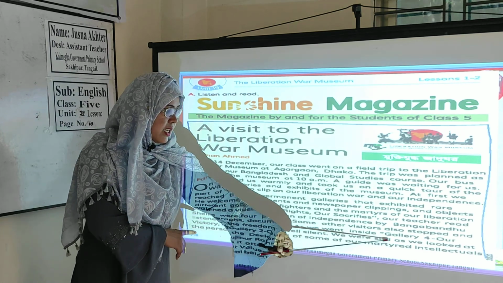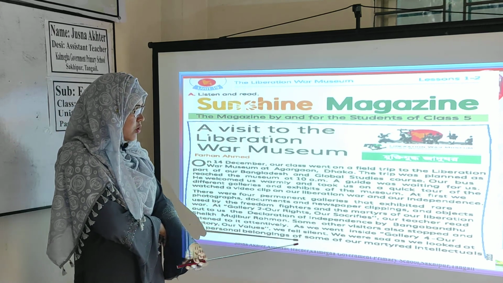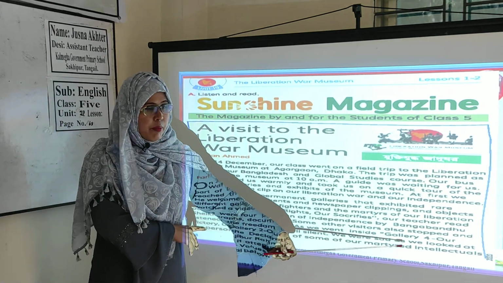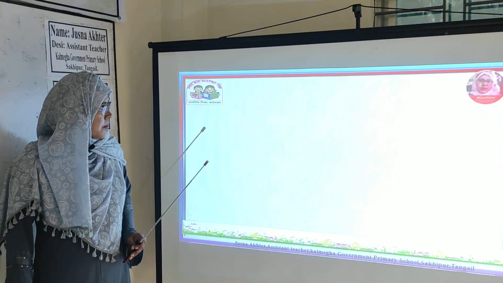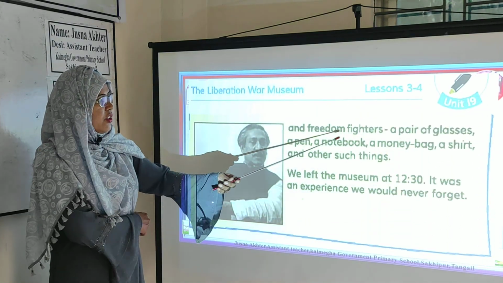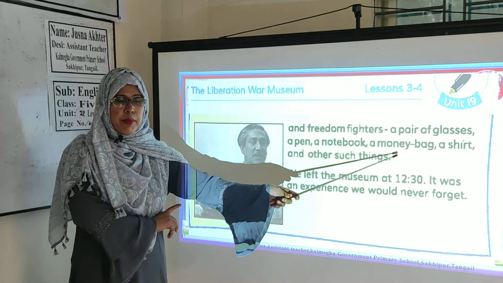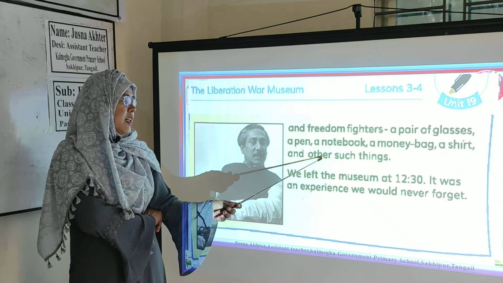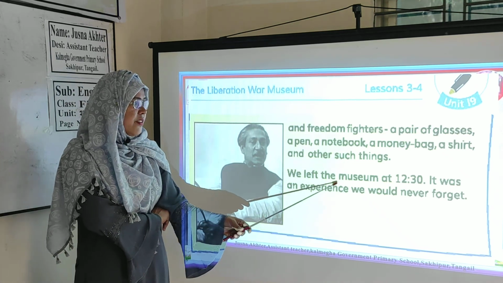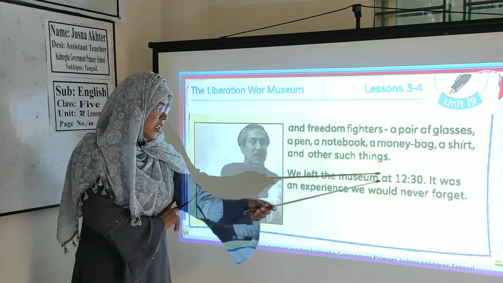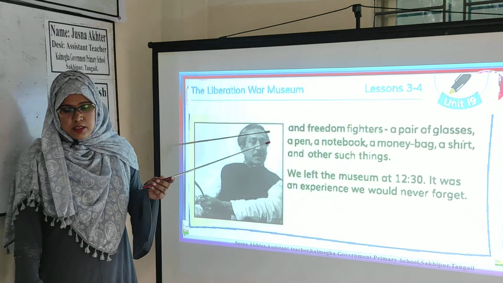We were sad as we looked at the personal belongings of some of our martyred intellectuals and freedom fighters: a pair of glasses, a pen, a notebook, a money bag, a shirt, and other such things. We left the museum at 12:30. It was an experience we would never forget.